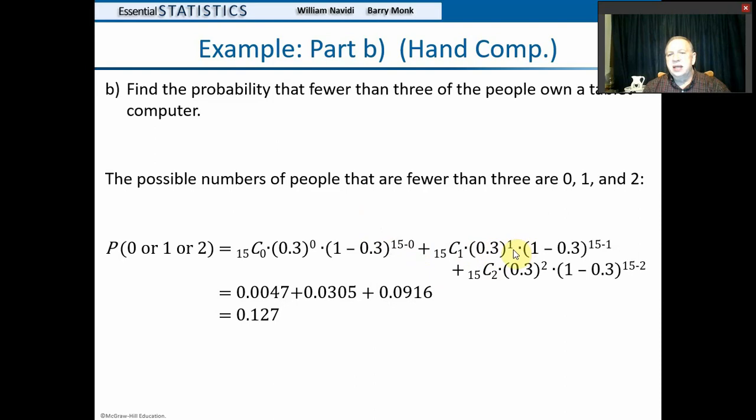Here's the 1 success, 14 failures, 2 successes, 13 failures. And we add this up because it could be the 0 or the 1 or 2 that we're interested in, or the events that we're interested in. So we add these numbers up and it gives us a probability of 0.127.